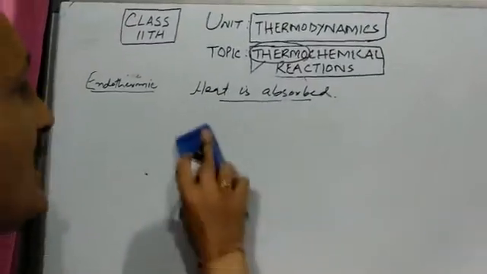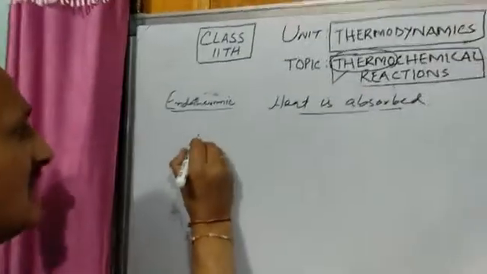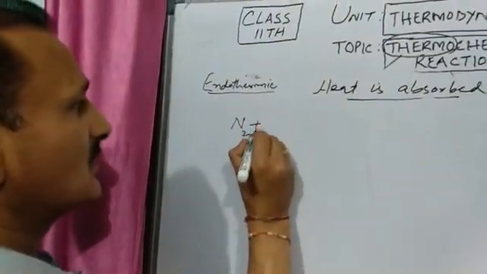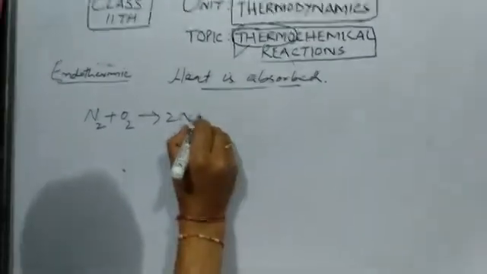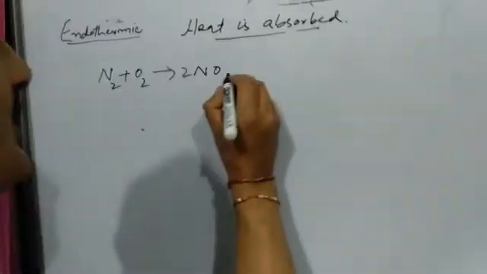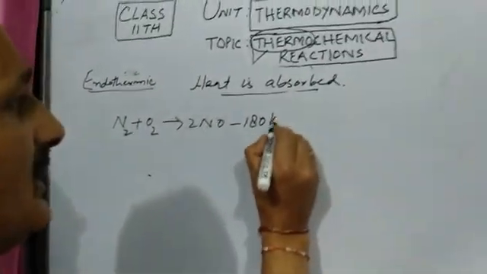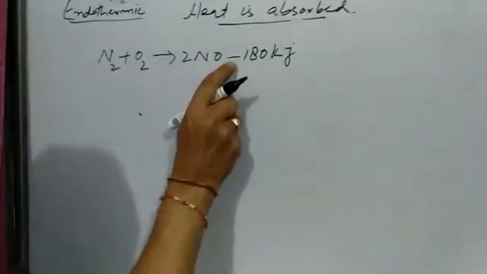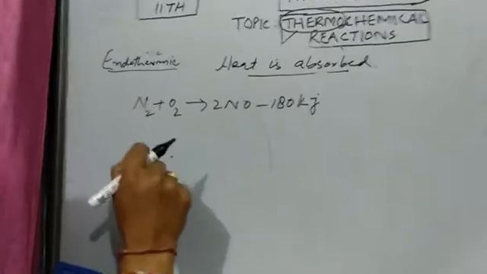Now coming to some examples of endothermic reactions. This is a typical example of endothermic. Nitrogen plus oxygen gives twice NO. Now see, in this reaction, how much heat has been absorbed? 180 kilojoules. That means this amount of heat has been absorbed in the system. Here what happens to the heat?